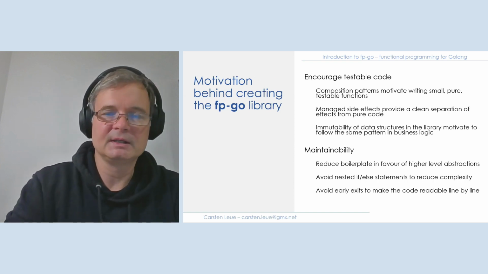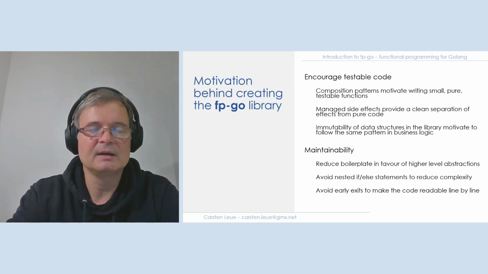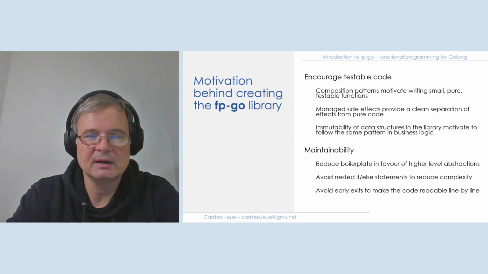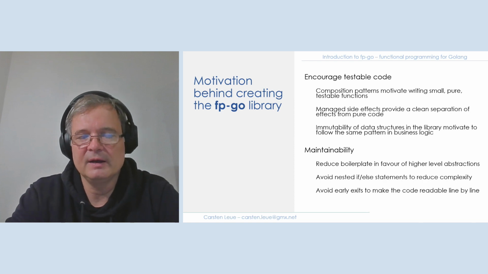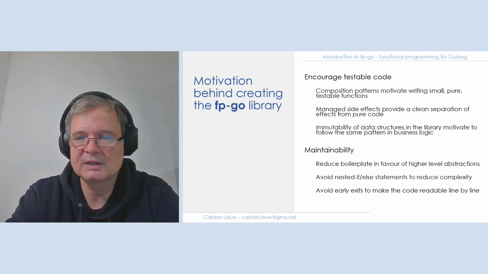Okay, so this is just my summary slide on why it makes sense to create a library such as FPGO for Go. Because the introduction of functional patterns motivates and encourages the creation of pure functions, or functions that can be well tested.